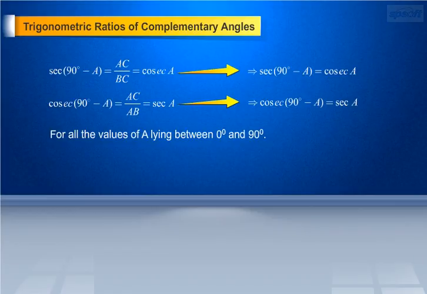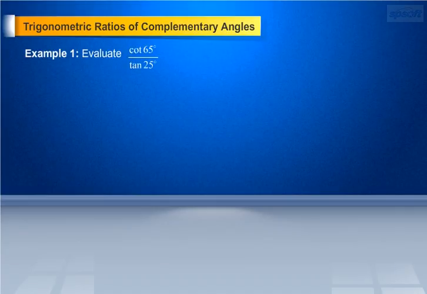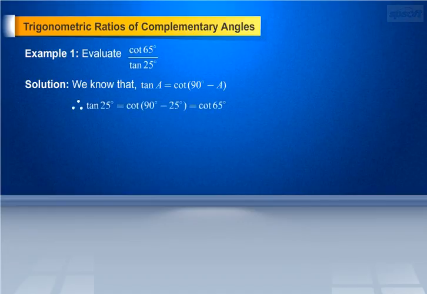Now let's take a look at examples on trigonometric ratios of complementary angles. Example 1. Evaluate cot 65 degrees by tan 25 degrees. Solution. We know that tan A equals cot (90 degrees minus A). Therefore tan 25 degrees equals cot (90 degrees minus 25 degrees) equals cot 65 degrees.